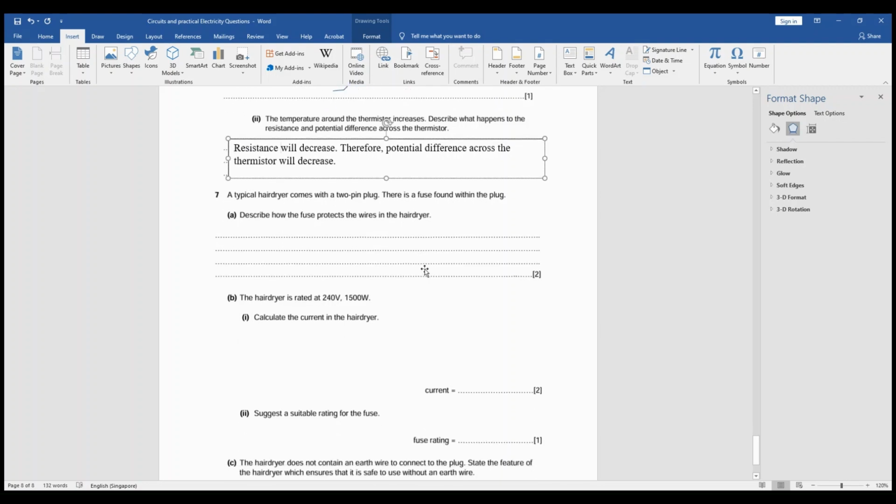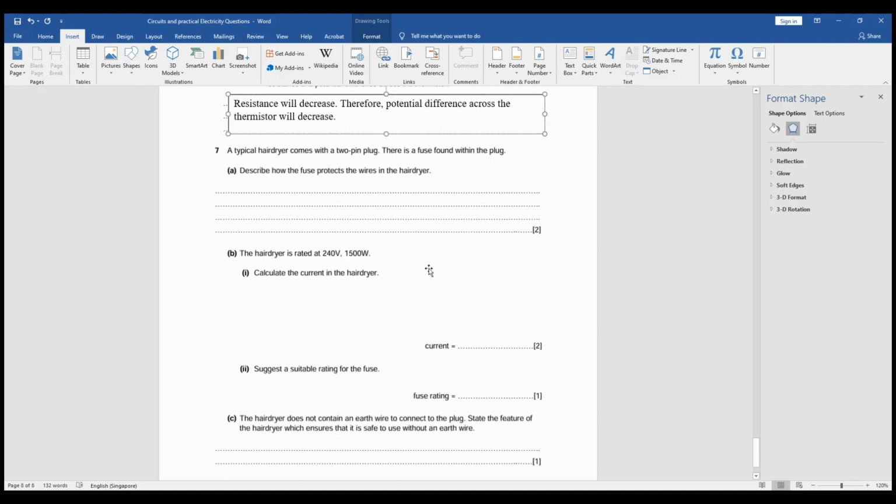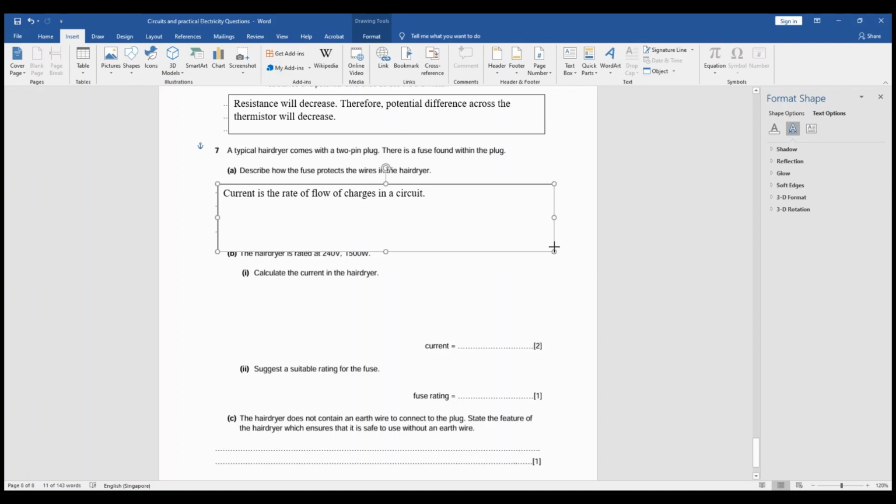Okay, a typical hair dryer comes with a 2-pin plug. There's a fuse found within the plug. Describe how the fuse protects the wires in the hair dryer. Okay, quite a simple question.